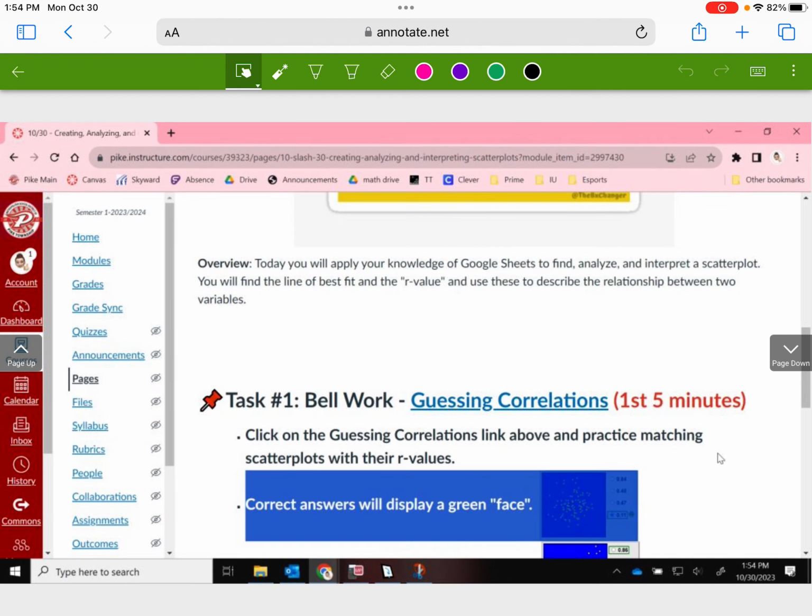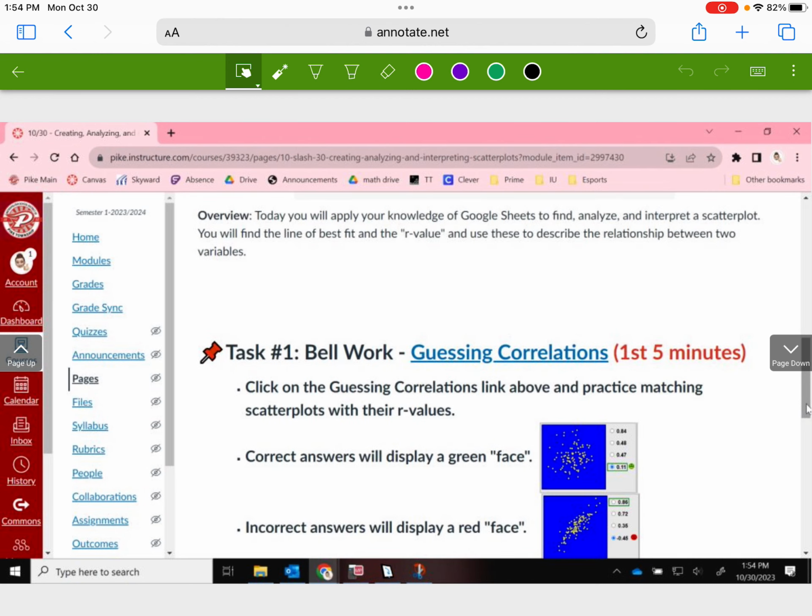It'll give you a tiny little happy face next to it. It's really hard to see, but green is good and red is bad.